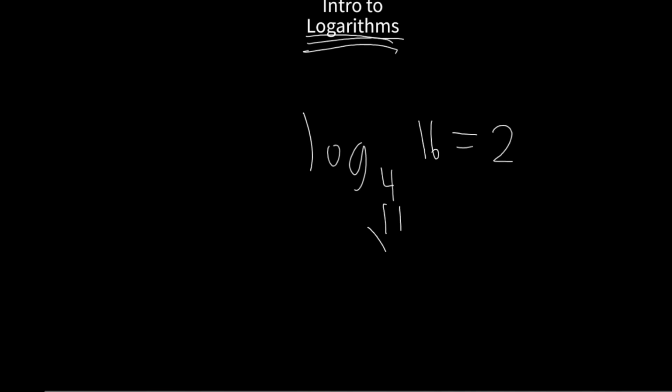Another way we can think of this is converting into exponential form, where 4 is the base, and 16 is the thing that it's equal to. And we're looking for the exponent here. And that is the answer to our logarithm. The exponent is the answer to our logarithm. And we can see here that 4 squared equals 16. So 2 is the answer to our logarithm.